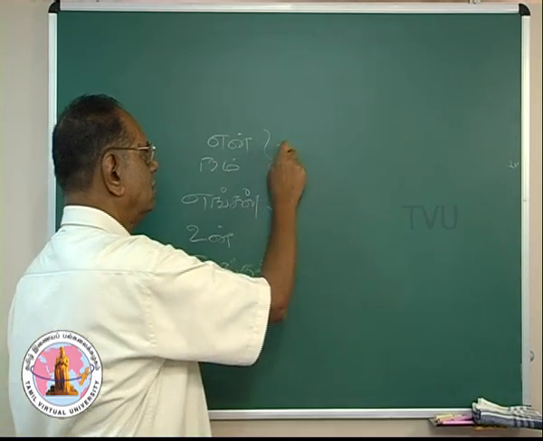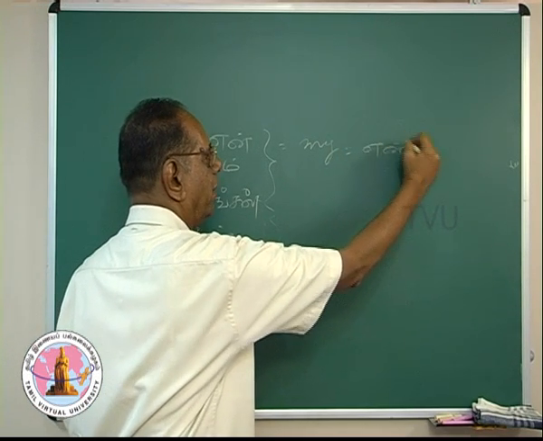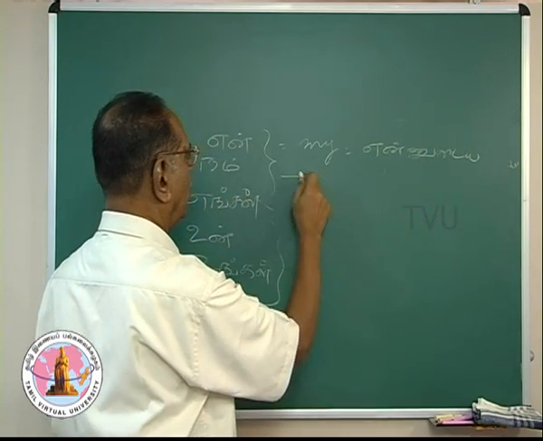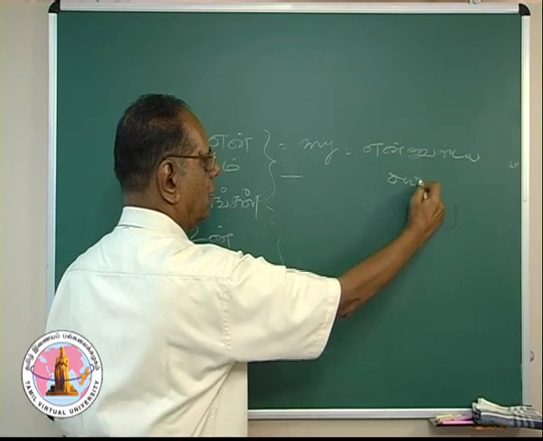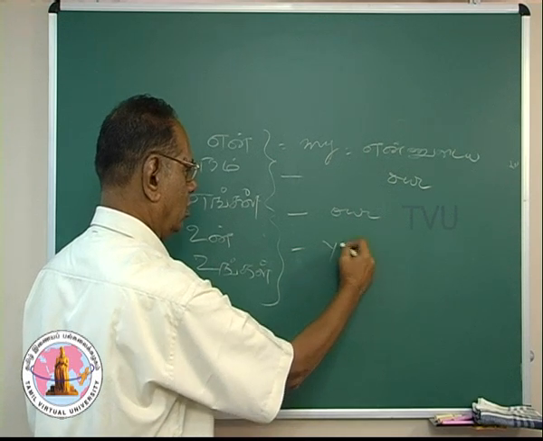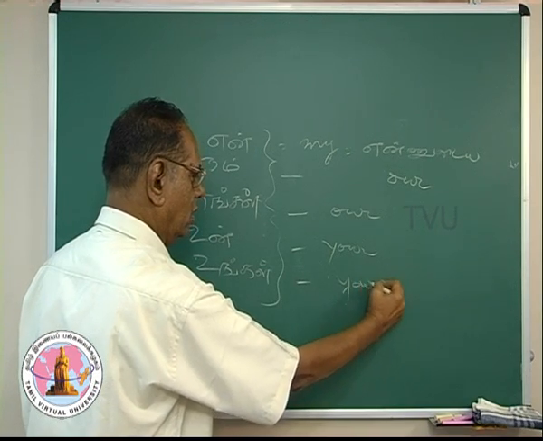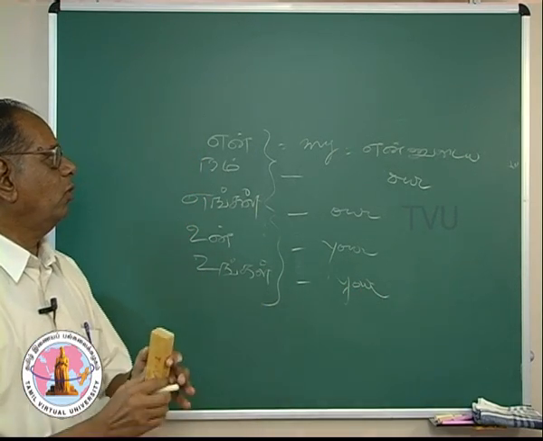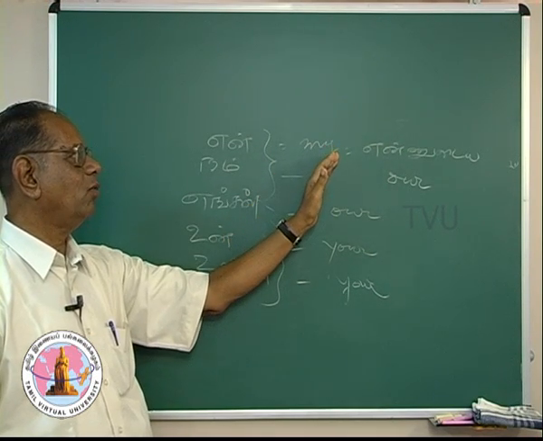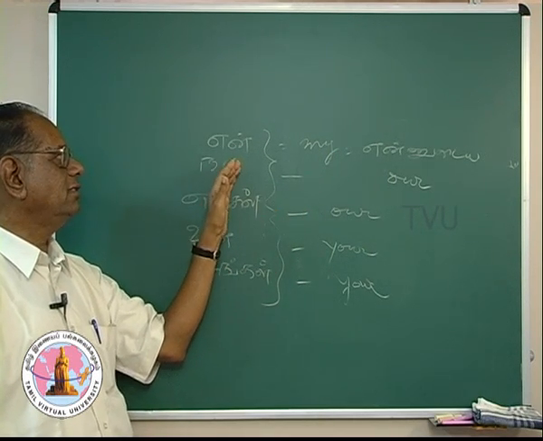So, என் is my, equivalent to என்னுடைய. So also நம், our, எங்கள், our, உன், your singular, உங்கள், your plural. So, before adding the case marker உடைய, this was the form. Earlier, this had a different form.